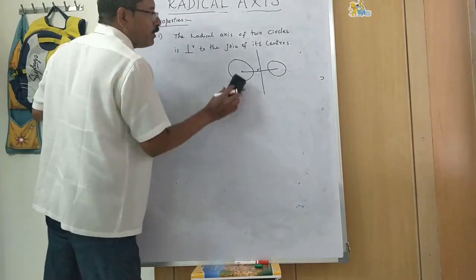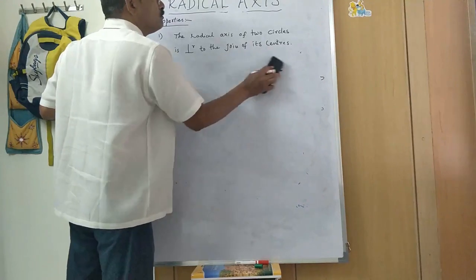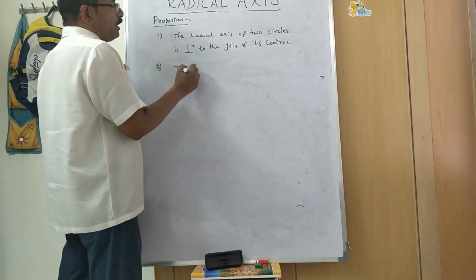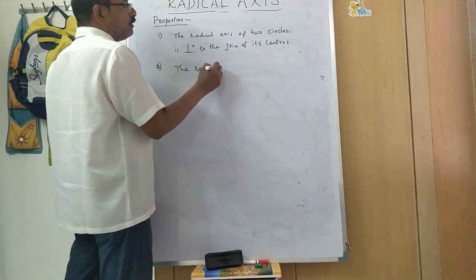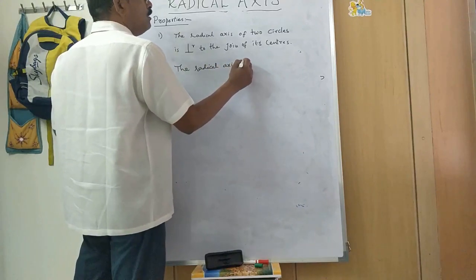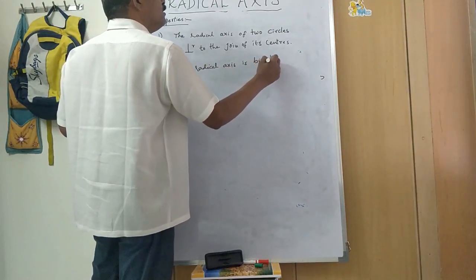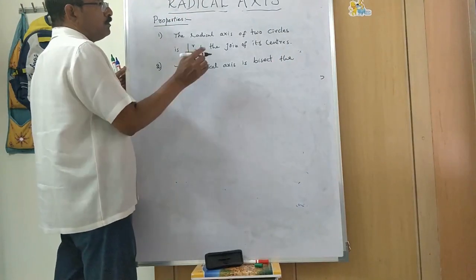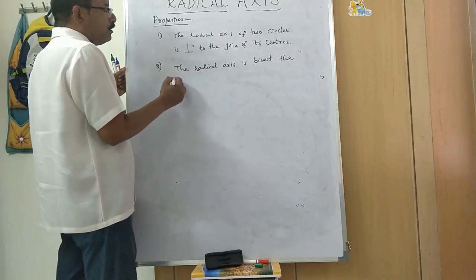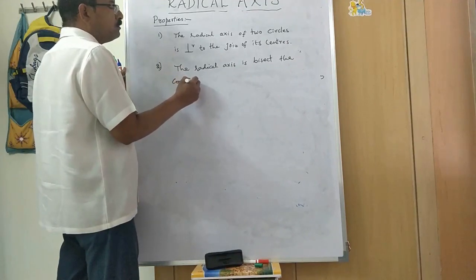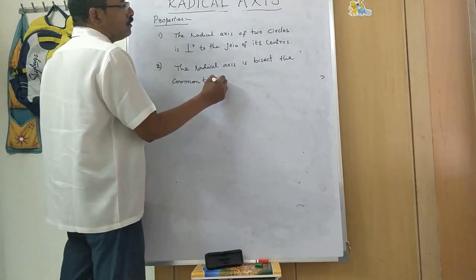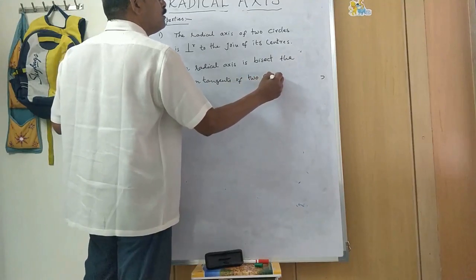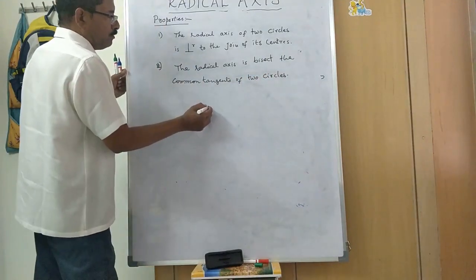And the next property, the second one, is that the radical axis bisects the common tangents of two circles. What is the meaning of this?